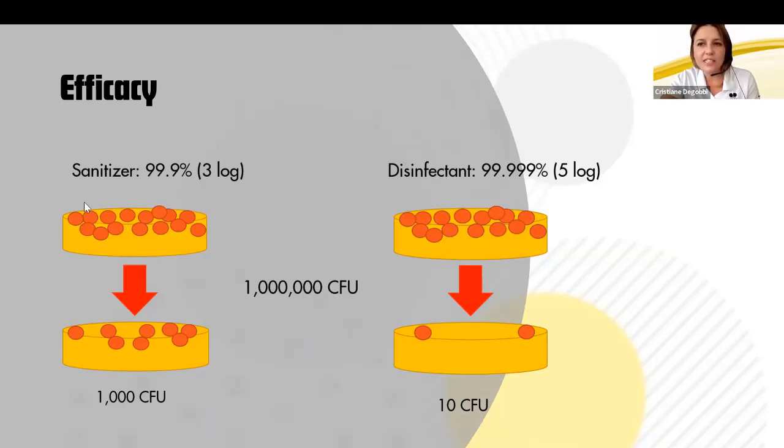Just to make this even more fun for you, the same product, depending on the active ingredient, can work either as a disinfectant or a sanitizer. Sometimes just by increasing the concentration and the contact time of that antimicrobial product, it can be a sanitizer or a disinfectant, depending on the terminology used in a country. A lot of times you're going to see only disinfectant as the terminology.